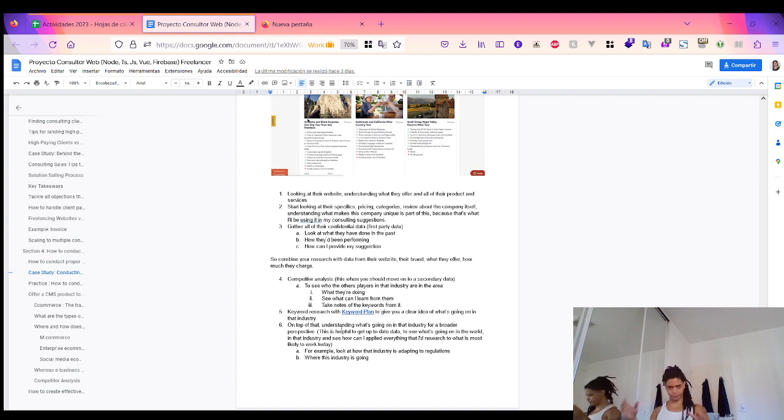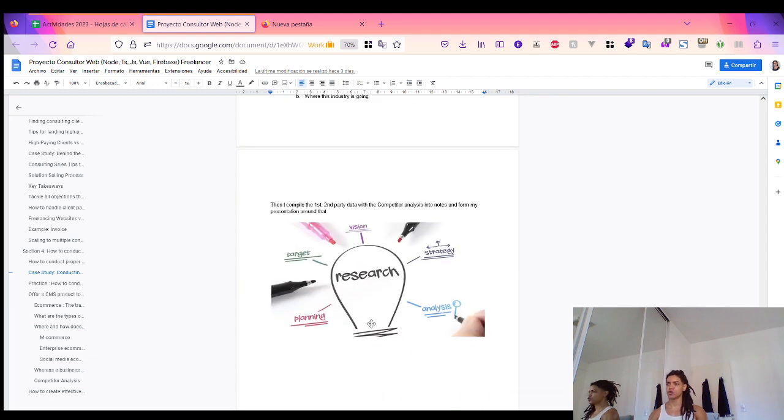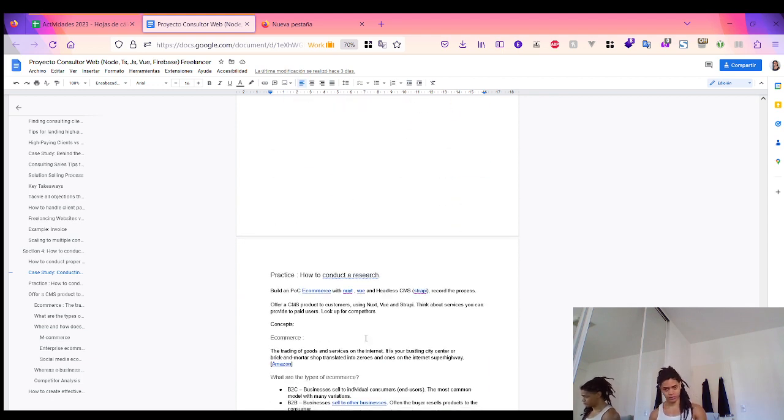So because of that, I make a quick practice, in my case of building a POC e-commerce with Nuxt, Vue, and headless CMS structure. Again, this is most likely based on an implementation, but the whole idea here is to conduct a research on this POC, the e-commerce, the Vue, Nuxt, and headless CMS.